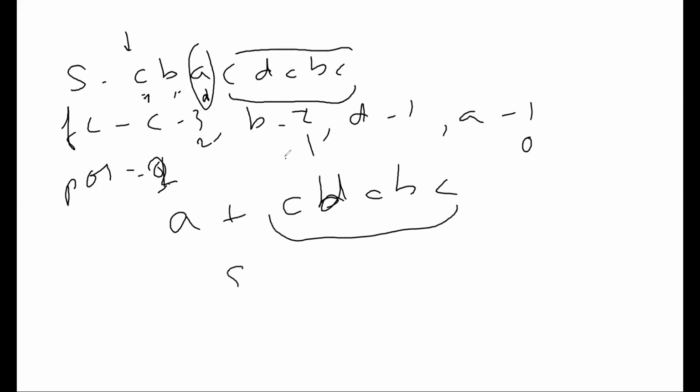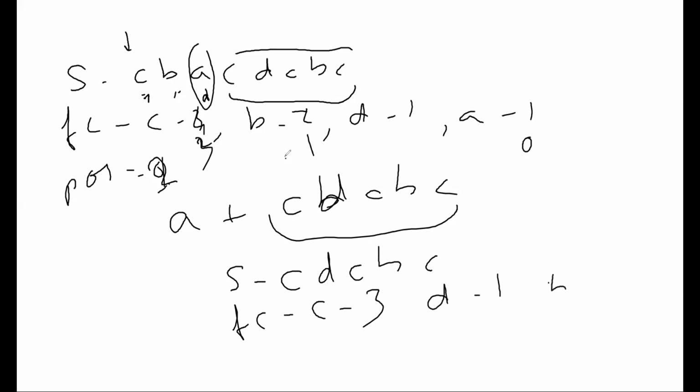So now this is my string CDC BC, and then again I'll find a frequency count over here. I'm using this CDC. So I think I'm using too many of them, right? 1, 2, 3. So here it was 4, it is 3. So C will be 3 and D will be 1 and then B will be 1.